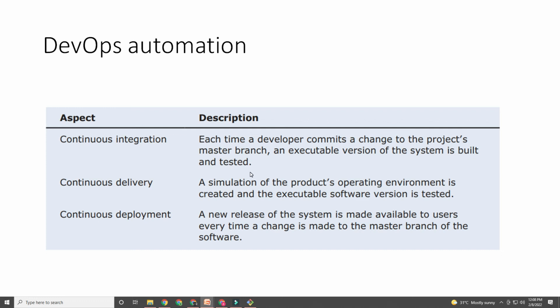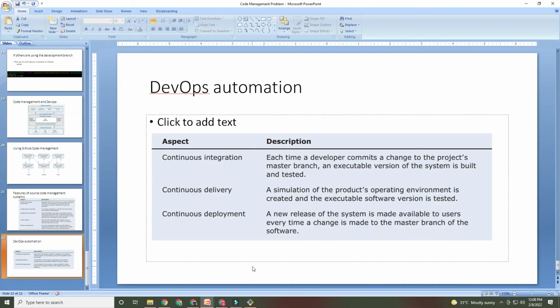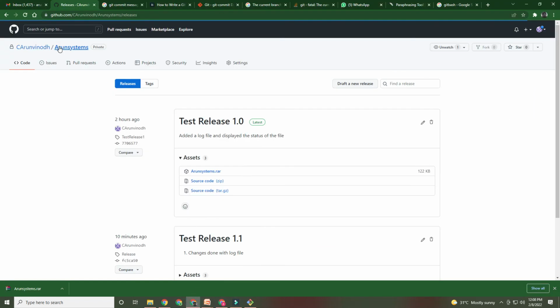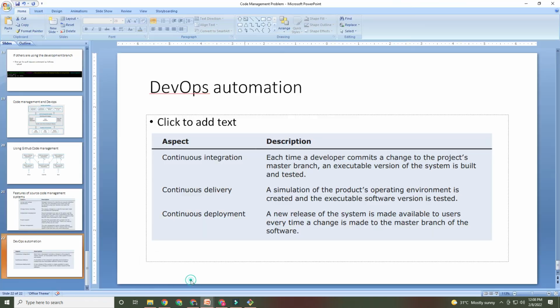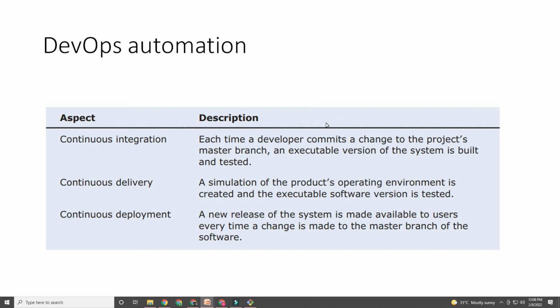Whenever a change happens in the master branch, which is the main branch shown here, the DevOps concept automatically takes the code from the master branch, the executable version of the system, and tests it automatically. If a new change happens in the master branch, it is again taken and tested. That is continuous integration.